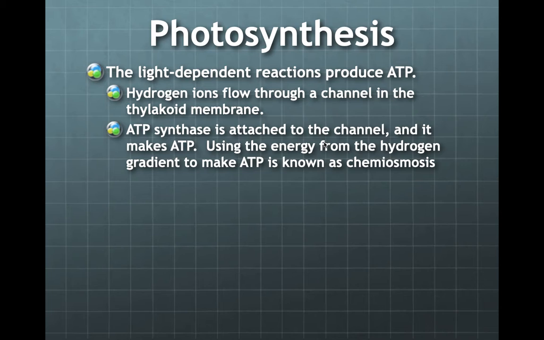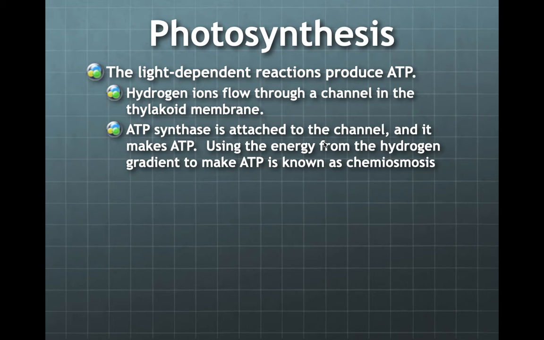So in our light-dependent reaction, our whole goal is to produce ATP and NADPH. Within this, our hydrogen ions move through this channel in the thylakoid membrane.